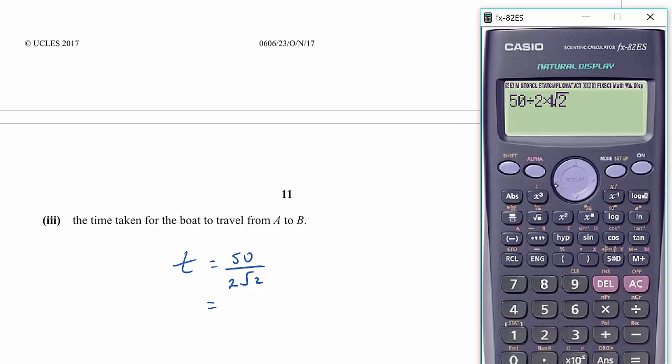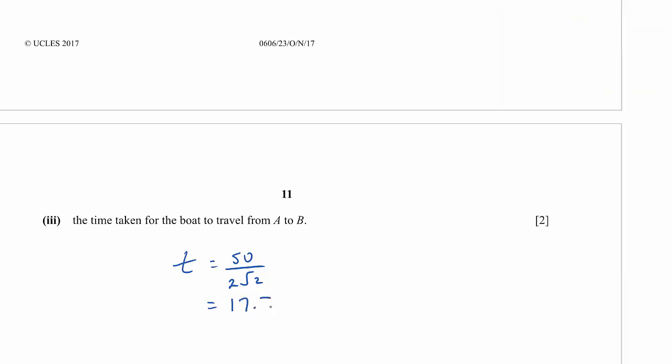Oh, I need to be careful there. Remember my BIDMAS. Let's just put a bracket around the 2 root 2 to make sure it's on the bottom. I probably should have used a fraction template. But that's going to be 17.7 seconds to 1 decimal place.